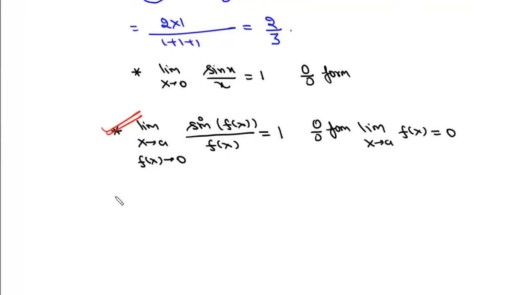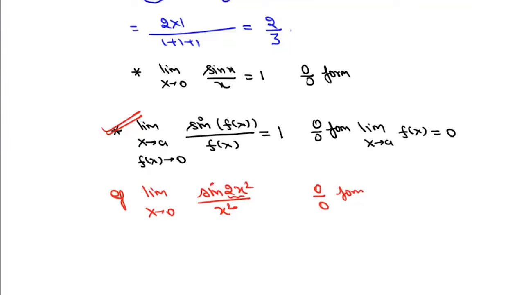So if I take a very simple example, this limit x tends to 0 sin 2x square upon x square. Now this is not sin x upon x, but here I see 2x square. Now sin 2x square is 0 and x square is also 0. So this is 0 upon 0 form. So here we have f(x) as 2x square.